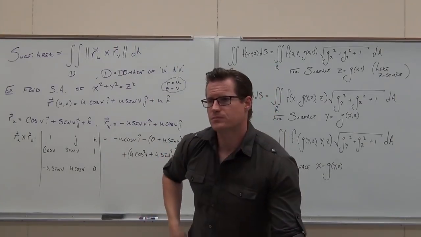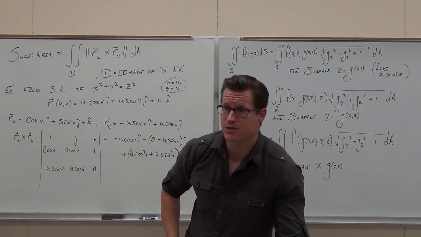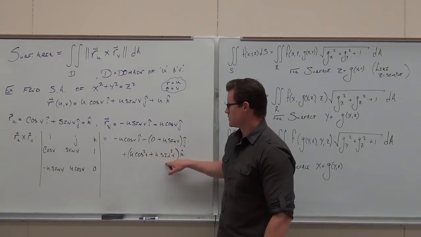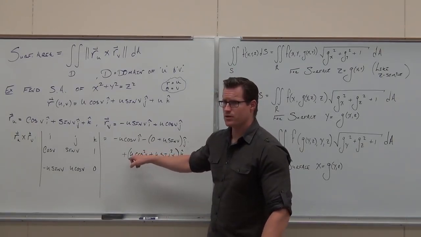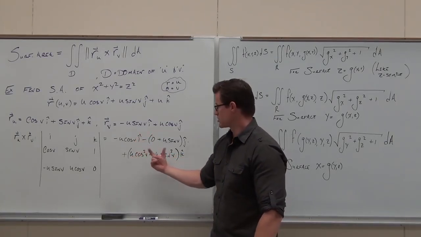What now? Take the magnitude. Before that, simplify as much as you possibly can, because I don't want you to start the magnitude if you haven't simplified these pieces. What's going to happen here specifically? Factor the u, cosine squared plus sine squared v is 1, so this is just u.